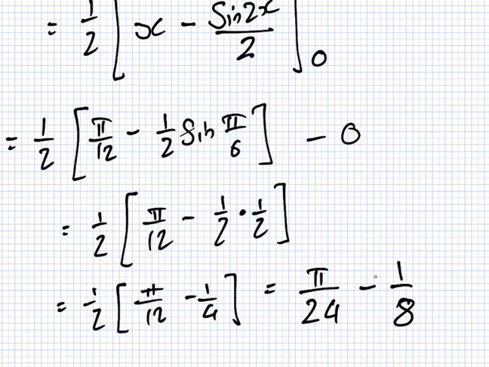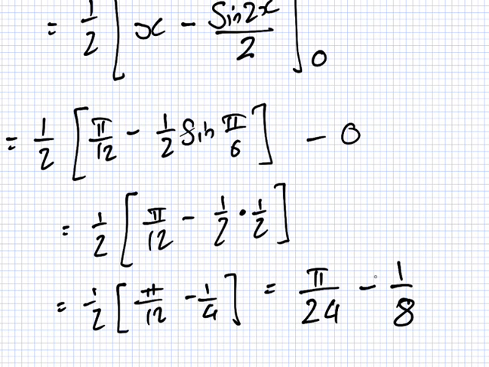Now I can check the answer here in the calculator. 0 to pi over 12. Calculator says the answer is 5.899 times 10 to the minus 3.